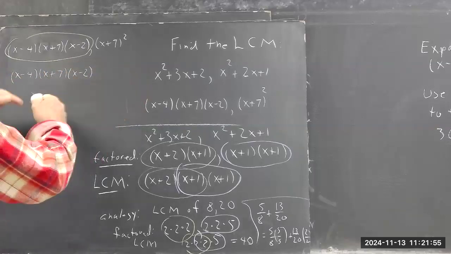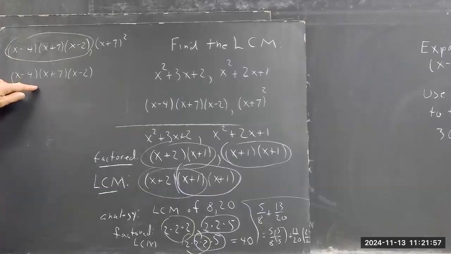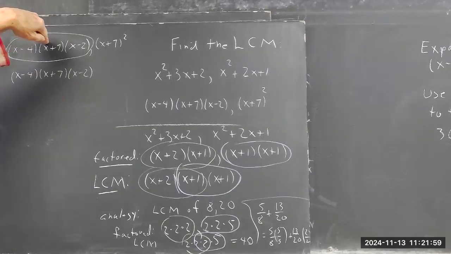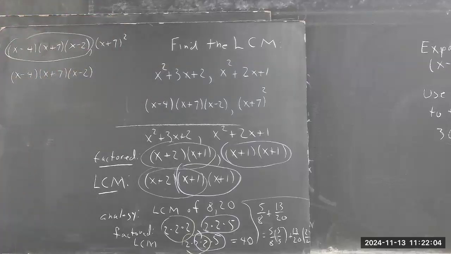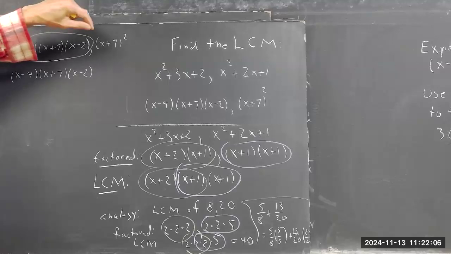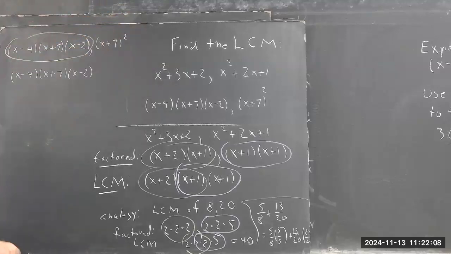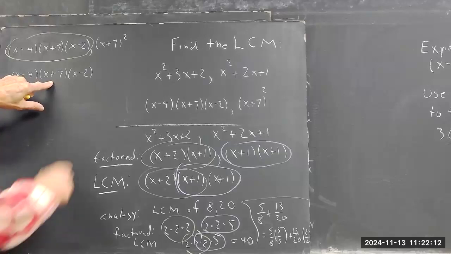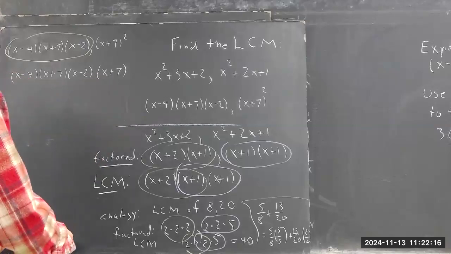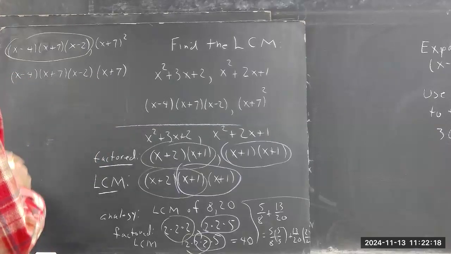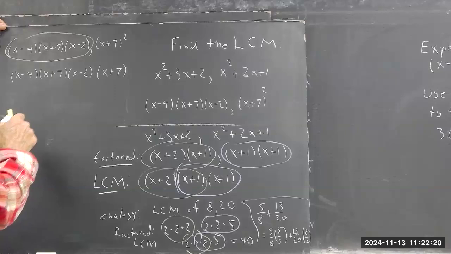No matter what else we multiply by, this expression contains this, right? What else do we need to contain x plus 7 squared? Well, that means we need x plus 7 and another x plus 7. We've already got an x plus 7, so all we have to do is write another x plus 7 on it, and there it is. So this thing is contained.